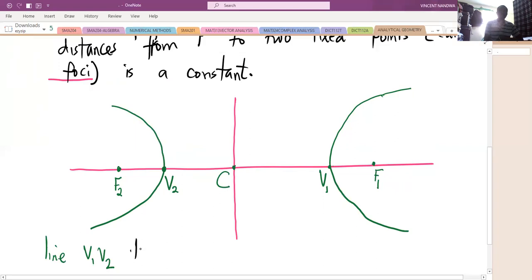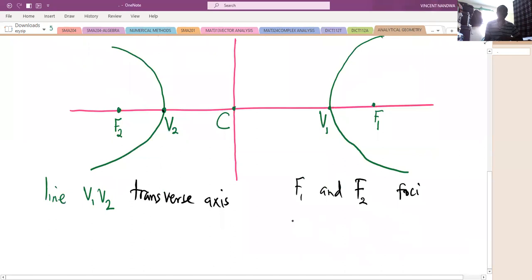F1 and F2, each is called a focus, and both are called foci. Points V2 and V1 are what we call the vertices.